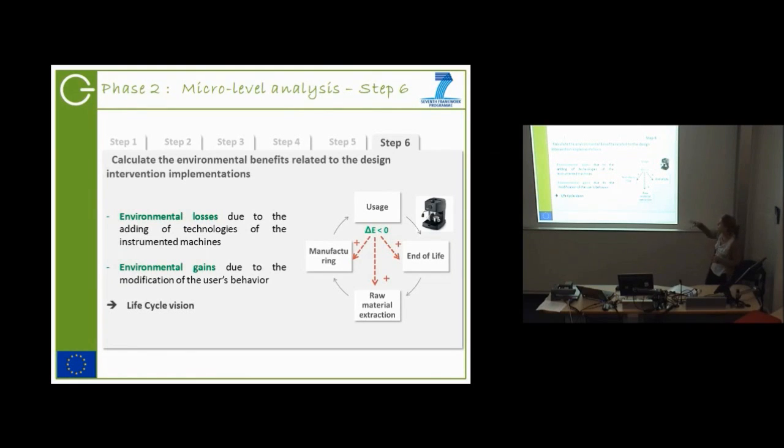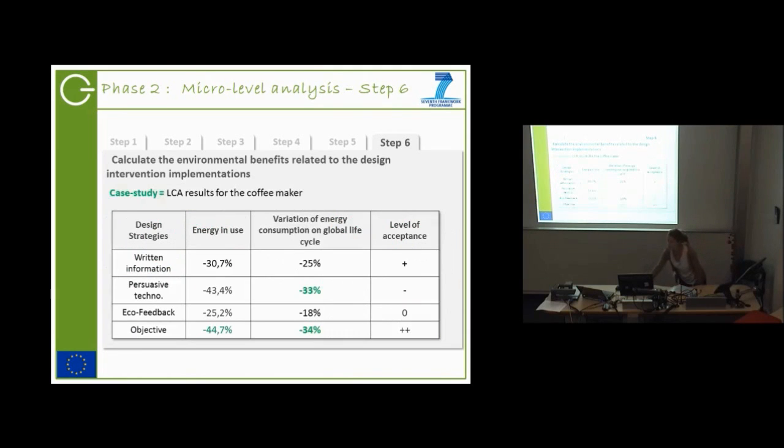So we need to perform a life cycle analysis to balance these 2 aspects. And I presented here, in our case, only the results on the energy consumption impact, because I couldn't present a lot of impacts on these slides.